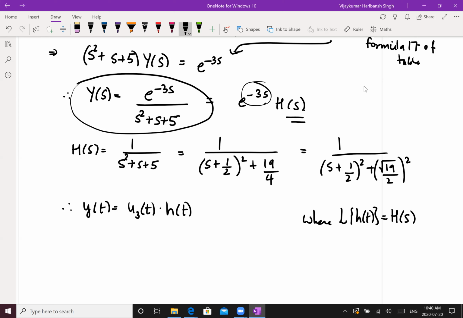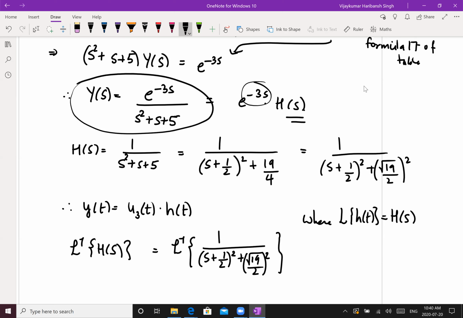So you want to find the Laplace inverse of this. So let's compute the Laplace inverse of H(s). This is our goal now: the Laplace inverse of 1 by (s plus 1/2) squared plus (square root of 19 by 2) squared.